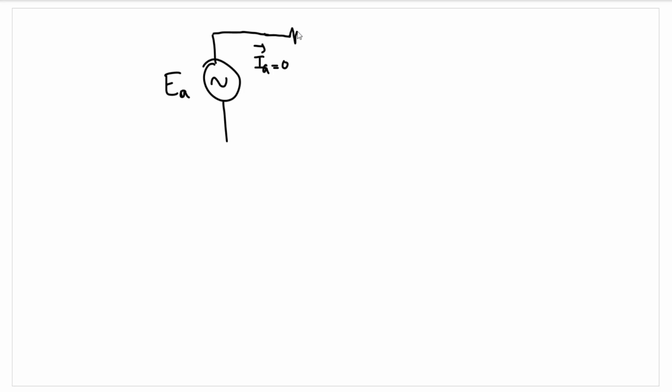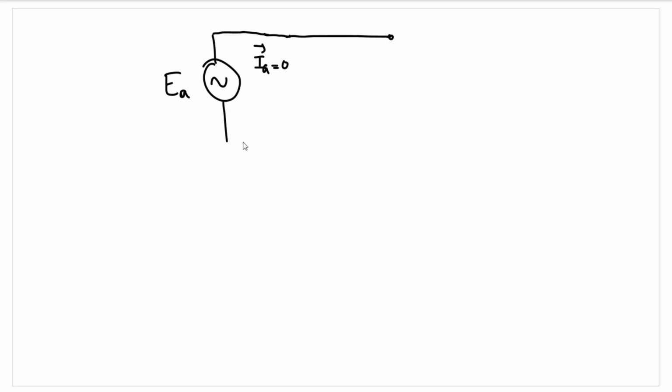In that case, we can say that only the stator resistance, Ra, represents here the armature resistance, and we may not actually show the resistance at this time.